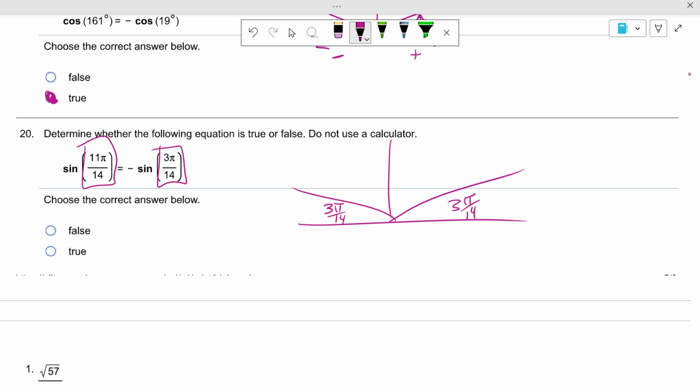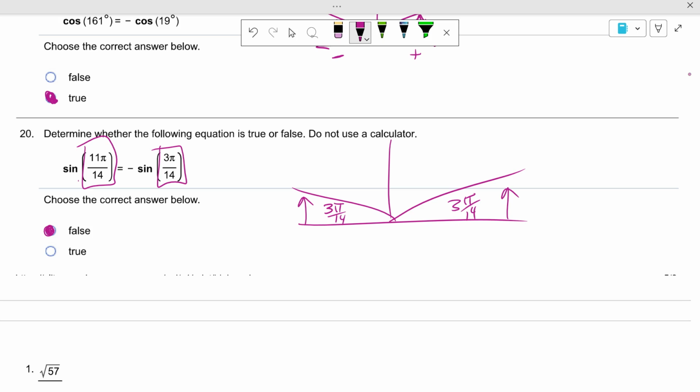Okay? So, sine is here, sine is here. They are both positive. Here it says, is the positive equal to the negative? And the answer is false. It is not. They're the same numerical value, but they're both positive in this case.